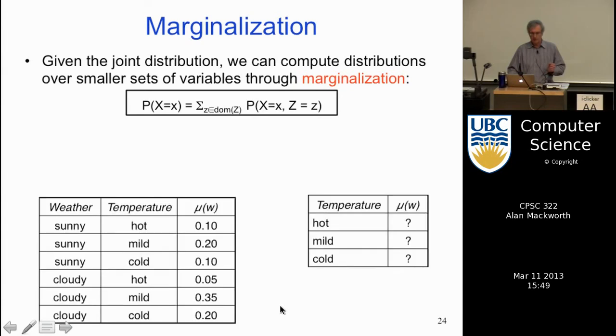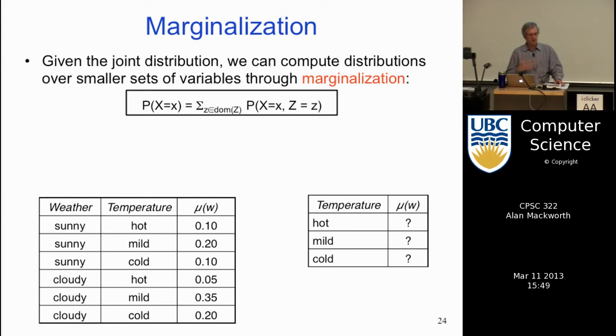Once we've done that, we want to talk about what you call marginalization. You may have too much information, and you want to project out some of the variables. So, for example, if I give you all this data about Vancouver, these are my beliefs about whether it's sunny or hot. Suppose we're only interested in what's my probability that it's going to be hot today. I don't know whether it's sunny or cloudy.